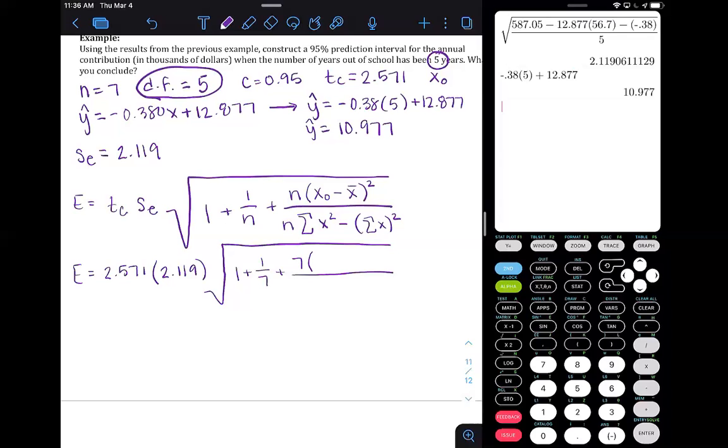So our x sub 0, what was our x value that we plugged in? 5. Minus our x bar, we found that earlier, is 12.571. We found that yesterday.